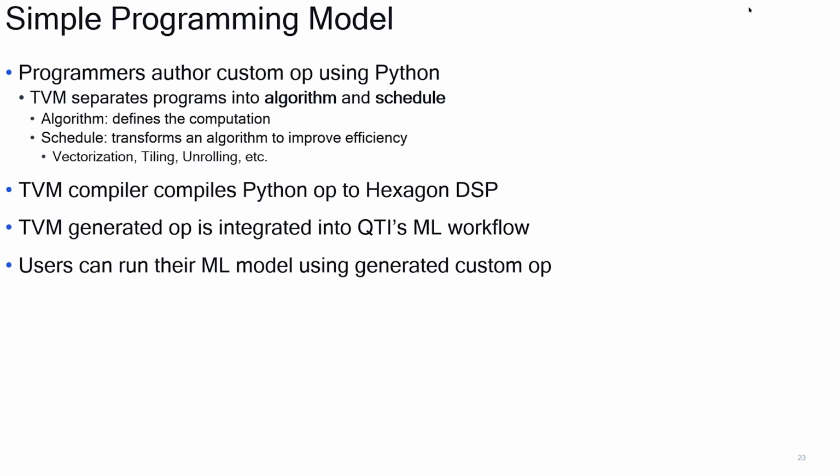The algorithm will define the computation. The schedule will transform the algorithm to improve efficiency. The TVM compiler compiles Python down to Hexagon DSP. The TVM-generated op is then integrated into Qualcomm's machine learning workflow. Users can run their ML model using the generated custom op.